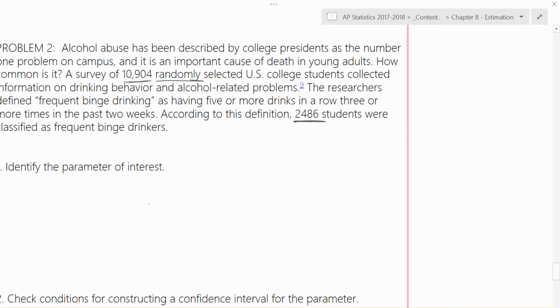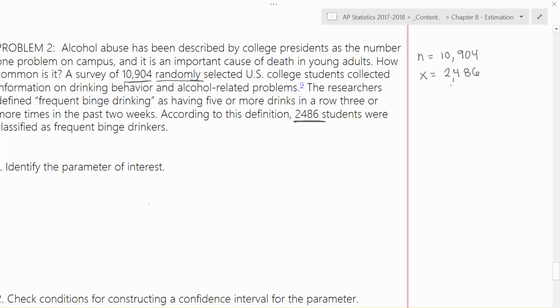So when I read a problem, the first thing I usually want to do is identify, well, what do I know? All right, I know that the sample size is 10,904. And then we could call this X, right? The number of successes out of the sample.